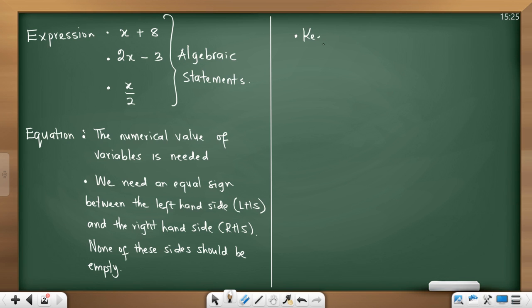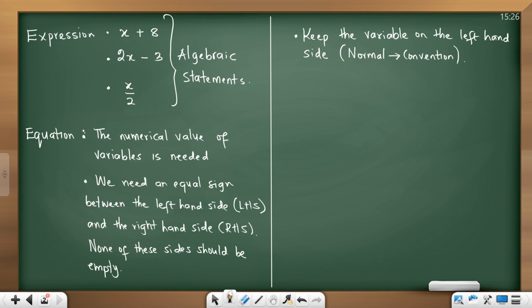Conventionally, let's do this. Keep the variable on the left hand side. This is just normal, okay? It's normal. That's what we mean by convention. So when I use the word convention, it means it's just normal, it's acceptable, you know?